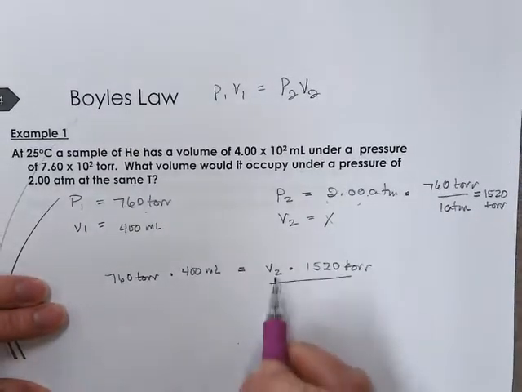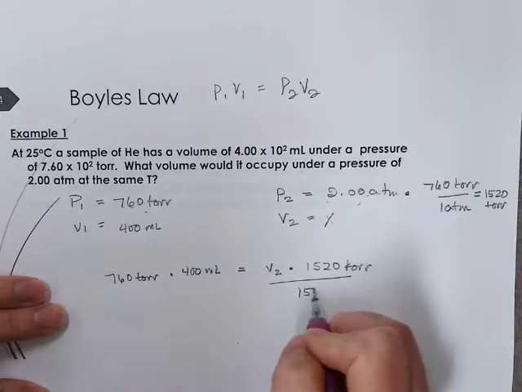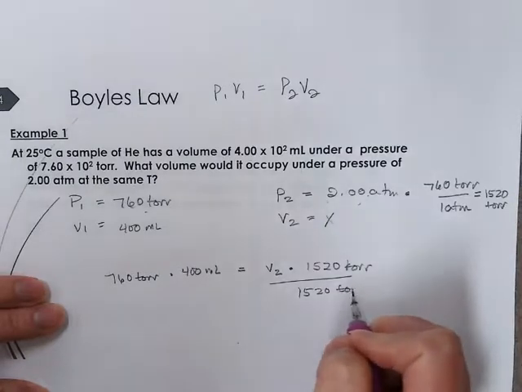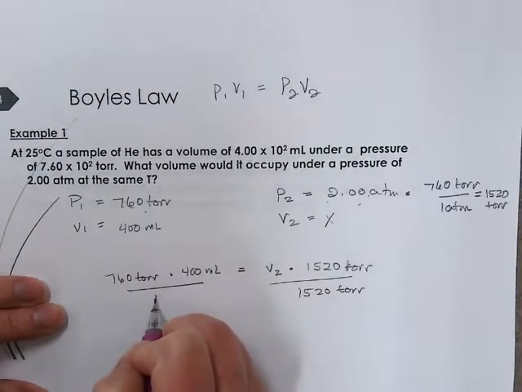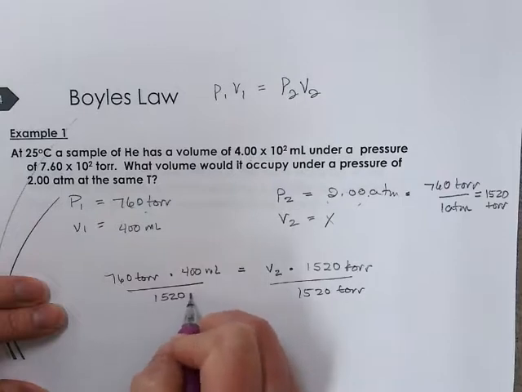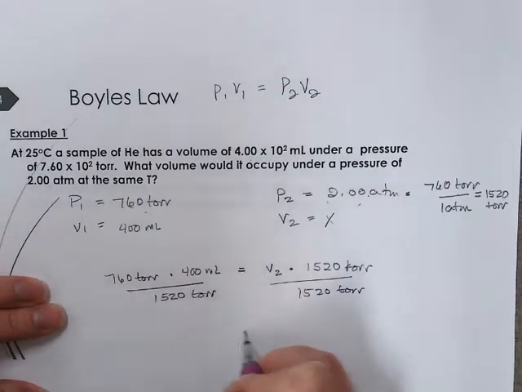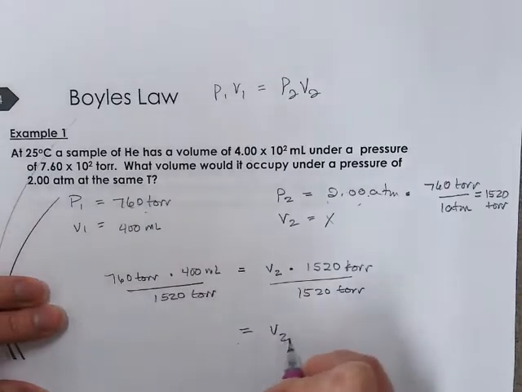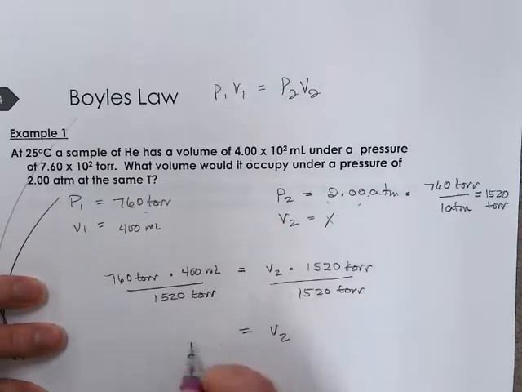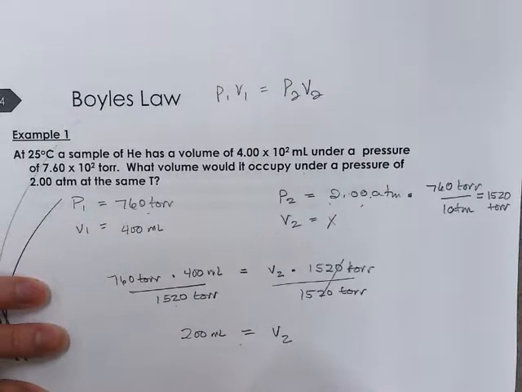And since these are multiplications and we need to solve for V2, you're going to have to divide by 1,520 torr. And we find that the new volume ends up being 200 milliliters. So we're going to multiply and then divide. So torr cancels.